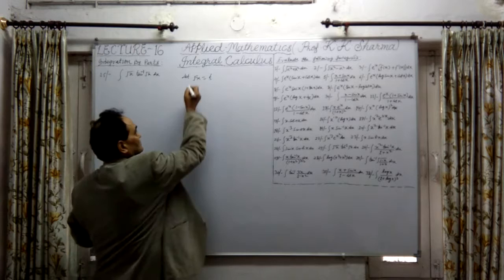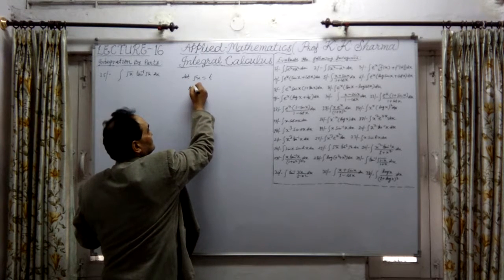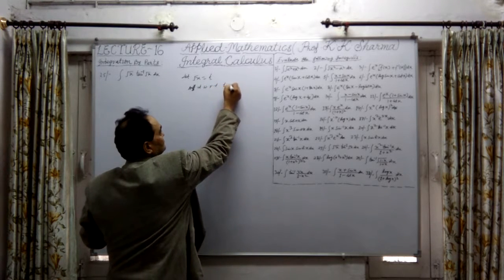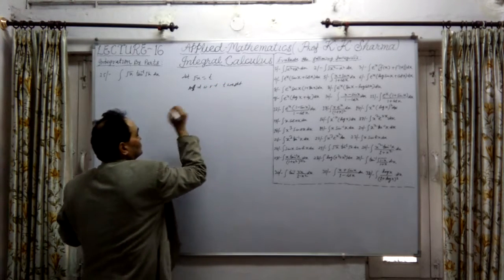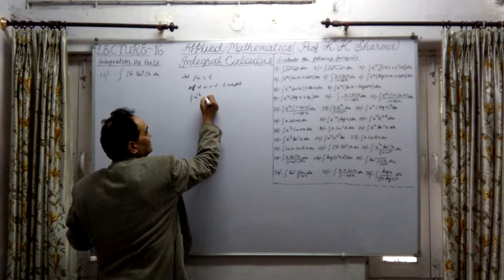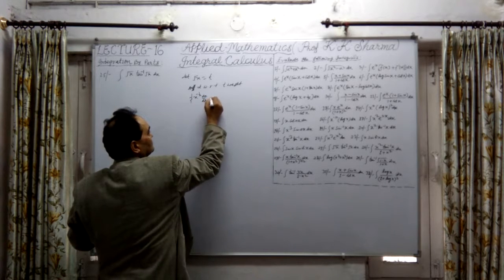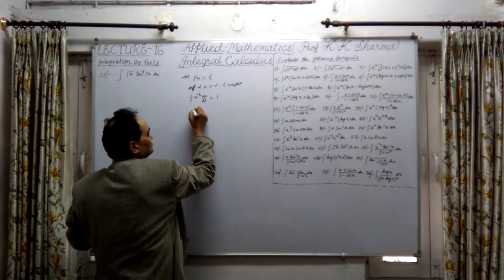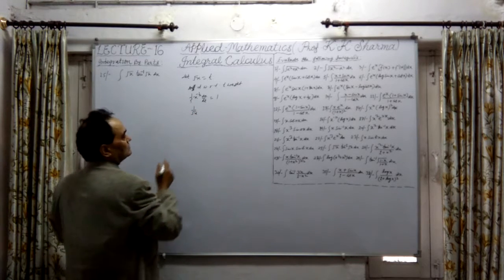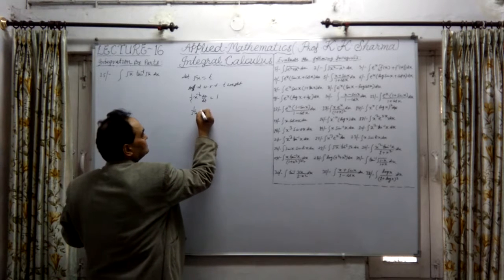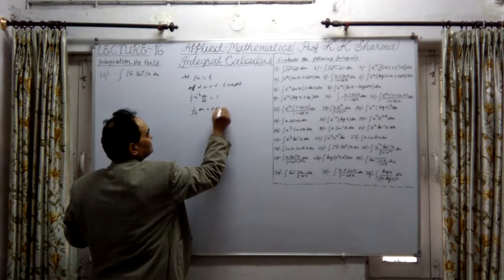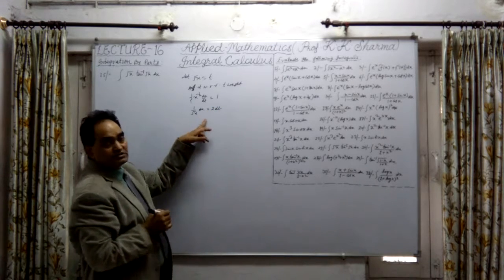Now differentiating it with respect to t, we get half x raised to power minus half into dx upon dt is equal to 1, or this is 1 upon under root x into dx is equal to 2 dt. This is differentiation with respect to x.